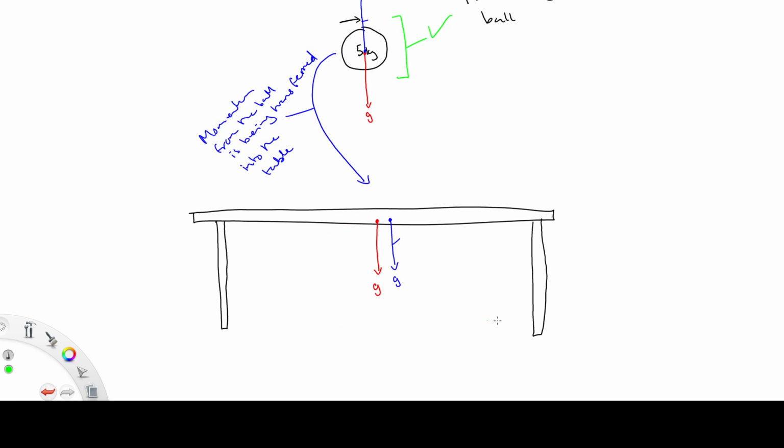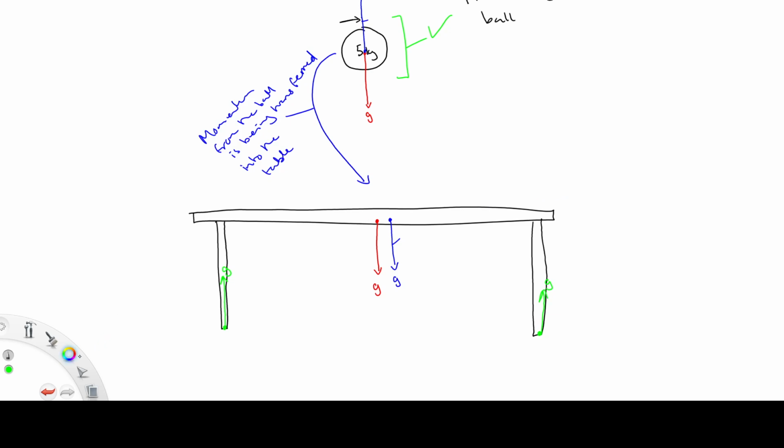Okay, and where is the table in contact with the ground? The table is in contact with the ground right here and right here. And these two forces should be equal to G, so that the two G's cancel out these two G's, and essentially the resultant force is equal to 0.